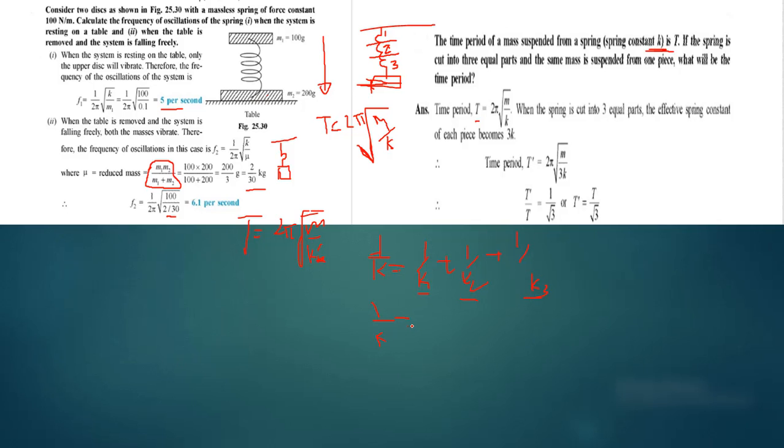So 1 over k is equal to 3 over k1, because k1 is equal to k2 is equal to k3. So the total k becomes k1 over 3, where k1 is the spring constant of one of the cut springs.